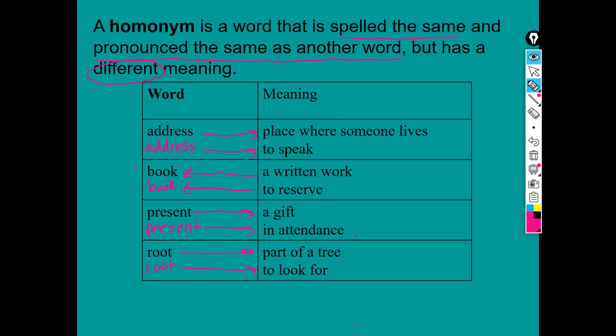You can write this down on a sheet of paper. Write down that a homonym is a word that's spelled the same, pronounced the same, but has different meanings.